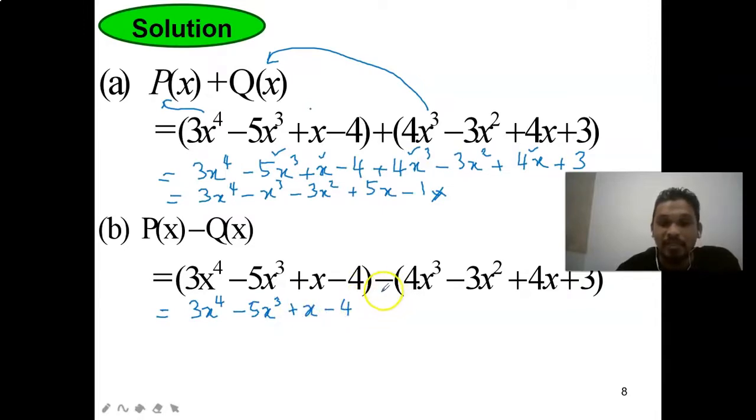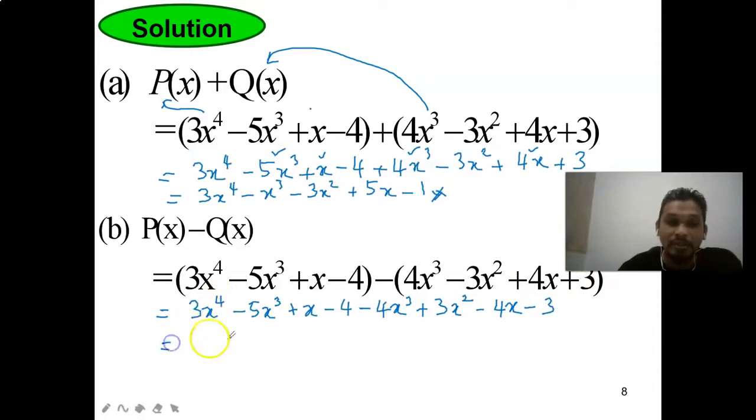Now please be careful. Negative multiplied with positive 4x cubed becomes negative 4x cubed. Negative times negative, positive 3x squared. Negative times positive, minus 4x. And negative times positive, minus 3.